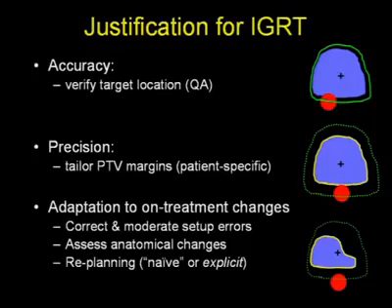Other users are analyzing their positioning data in order to find out what the specific PTV setup margins are that are required for specific treatment techniques, and may end up shrinking PTV margins, thereby reducing the irradiated volumes and maintaining high dose to the target.